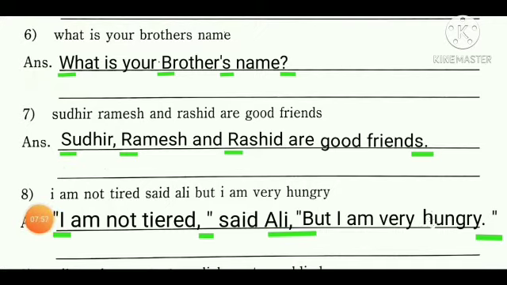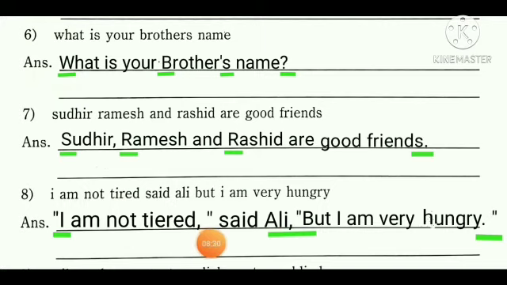Eighth number: I am not tired, said Ali, but I am very hungry. In this sentence, Ali's direct words are there. Ali spoke that, so he is saying I am not tired. Those words are Ali's direct words, so we have used double inverted commas. The beginning letter I is capital.